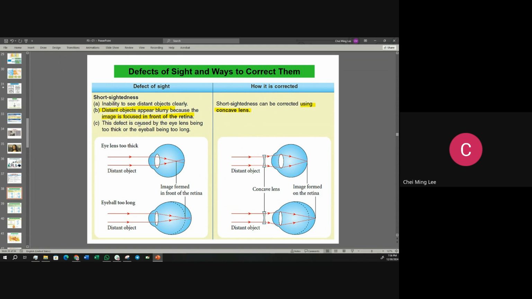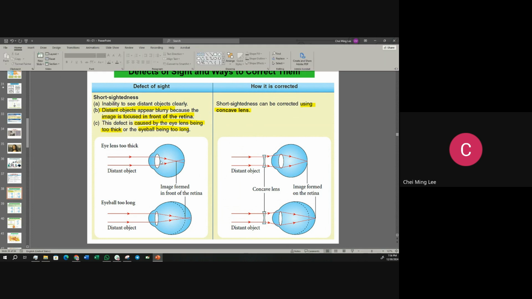Okay, this one is caused by the eye lens being too thick or the eyeball being too long. You just need to draw this once. For both light paths, you use different colors. Maybe you draw this and then use a red pen for the image formation.